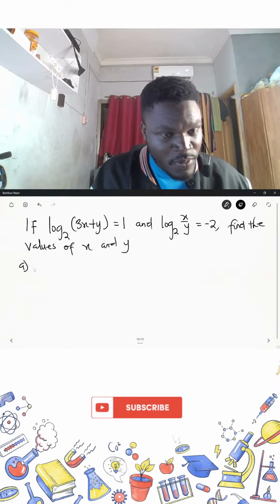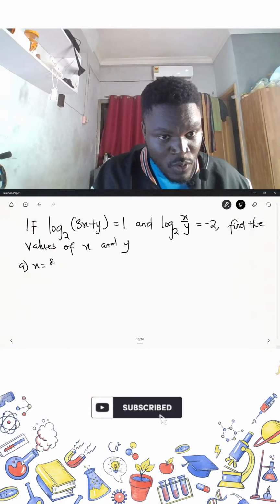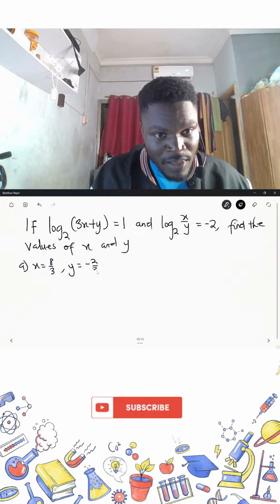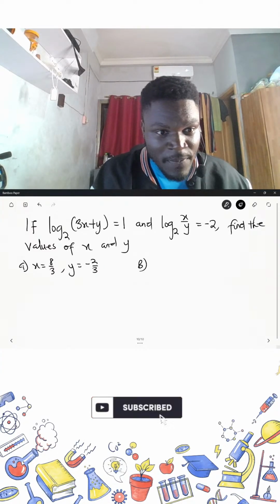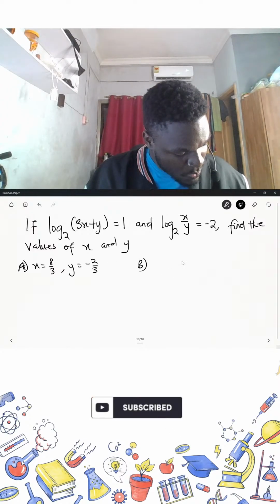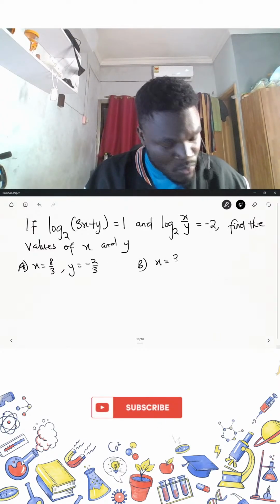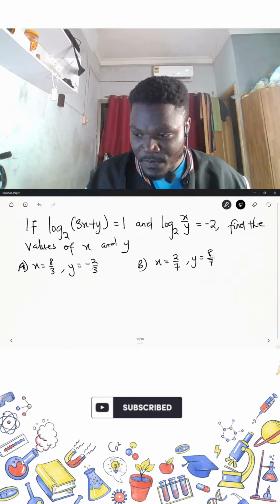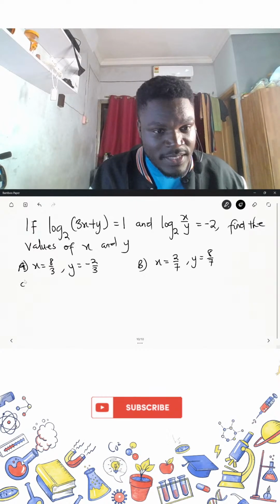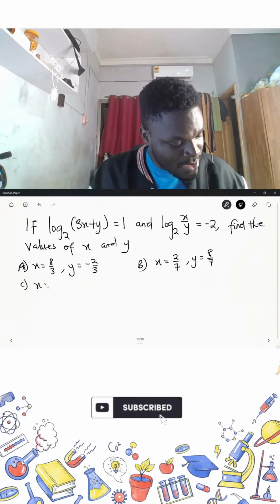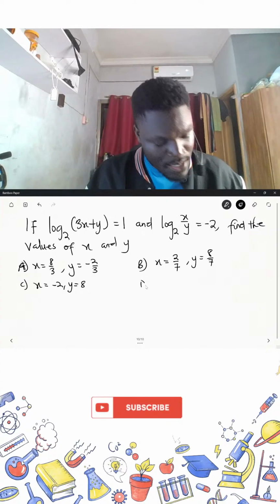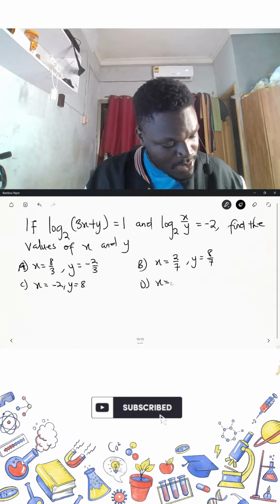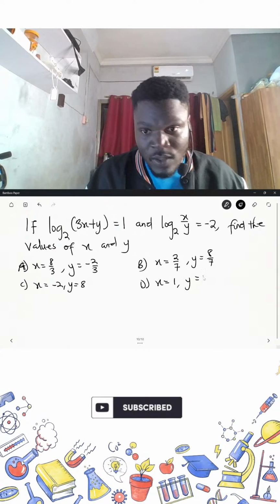So over here we have option A, x is equal to 8 over 3, y is equal to negative 2 over 3. Then option B, we have x is equal to 2 over 7, y is equal to 8 over 7. Then we have option C, x is equal to negative 2, y is equal to 8. And then option D, x is equal to 1, and then y is equal to 4.